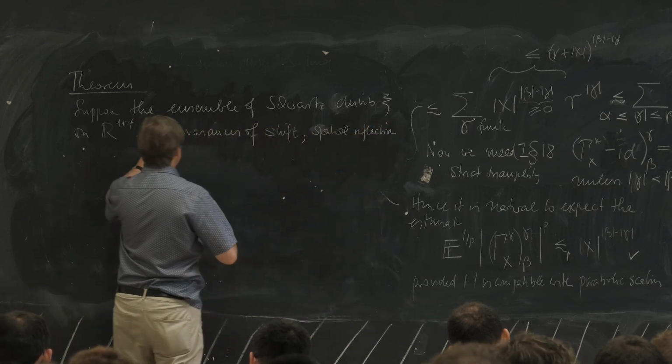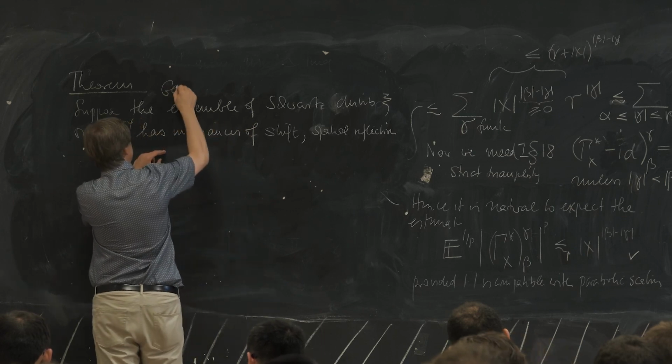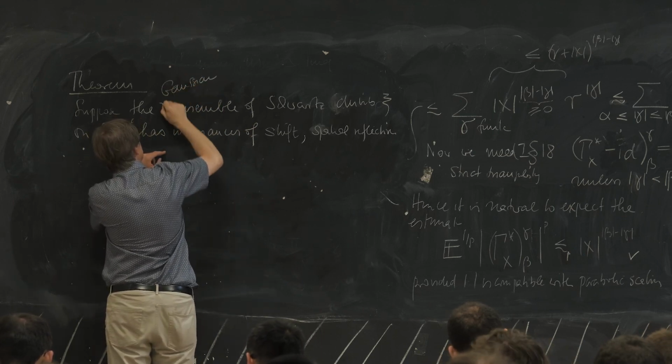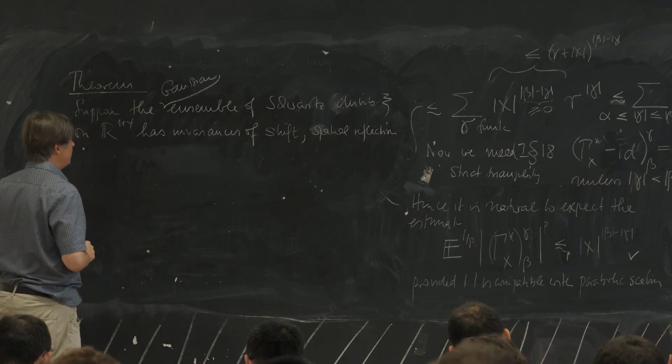It automatically has parity because I assume it's a Gaussian ensemble, for the moment; we can relax that later on.